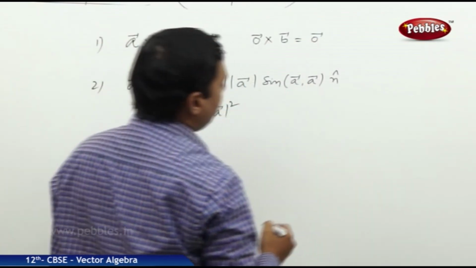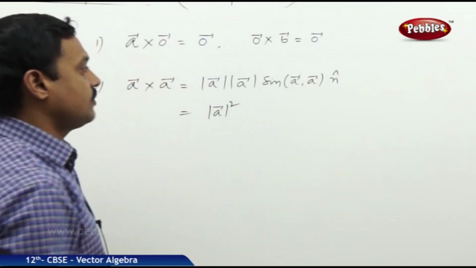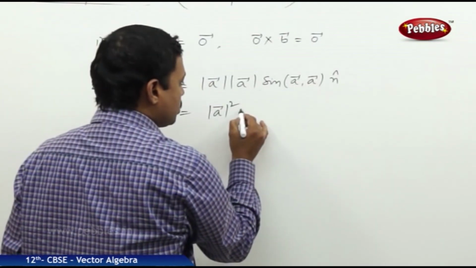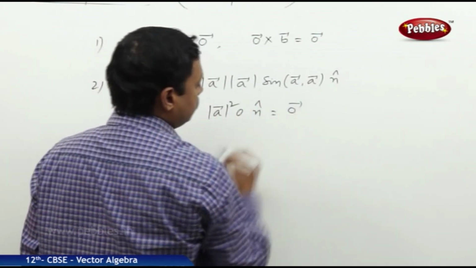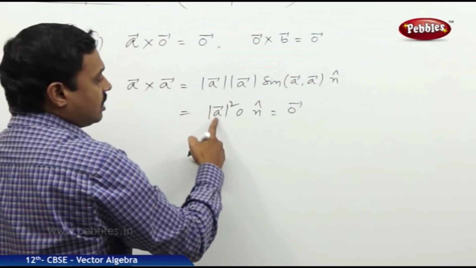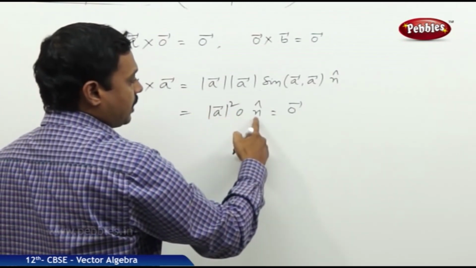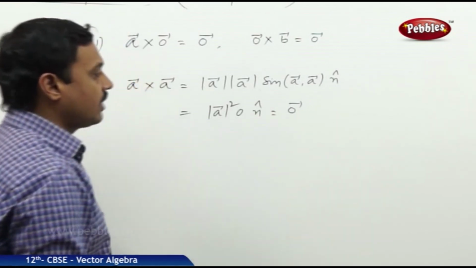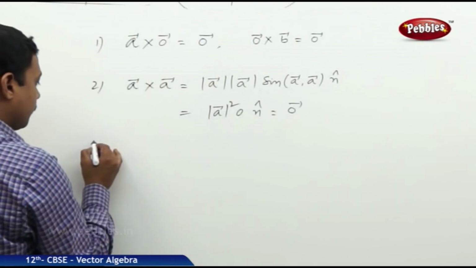Sine of the angle between A comma A is sine 0, because the angle between a vector and itself is always 0. Sine 0 is 0 into n cap. So totally it is 0 bar, because modulus of A square into 0 is equal to 0. When 0 is multiplied with any vector, it becomes a null vector. Therefore, A cross A is equal to 0 bar.